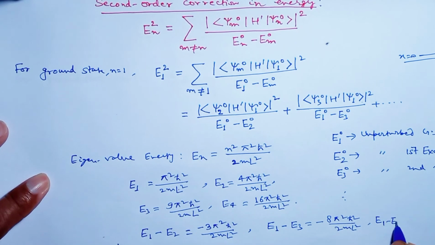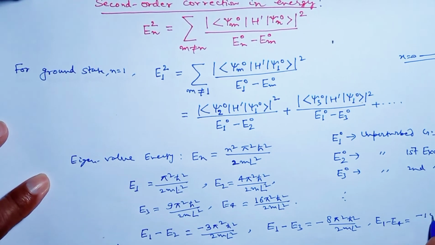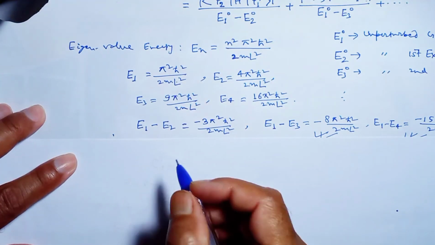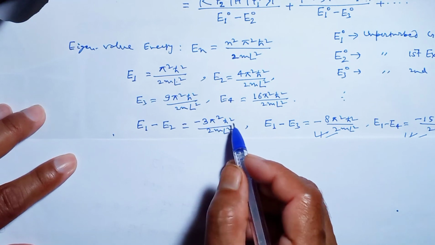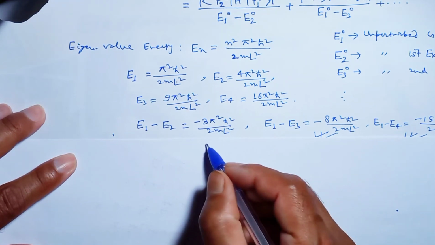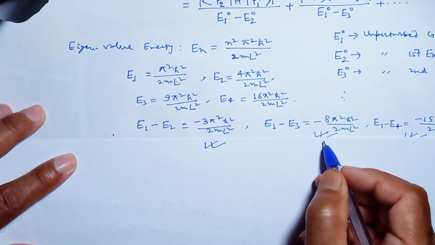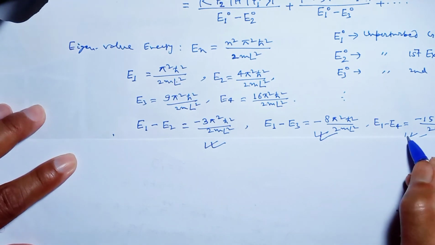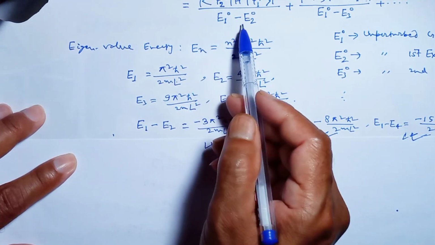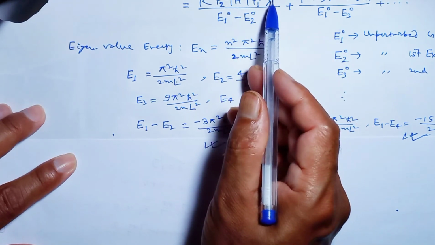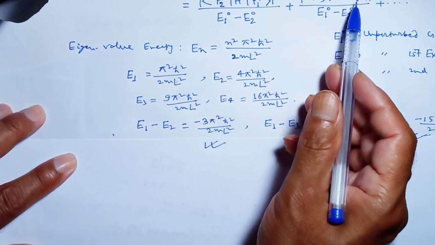Similarly E1 minus E4 is minus 15 pi square h cross square upon 2 m L square. We see that E1 minus E2 is negative, E1 minus E3 is also negative, E1 minus E4 is also negative. So the denominator in each term is negative and the numerator in each term is positive.